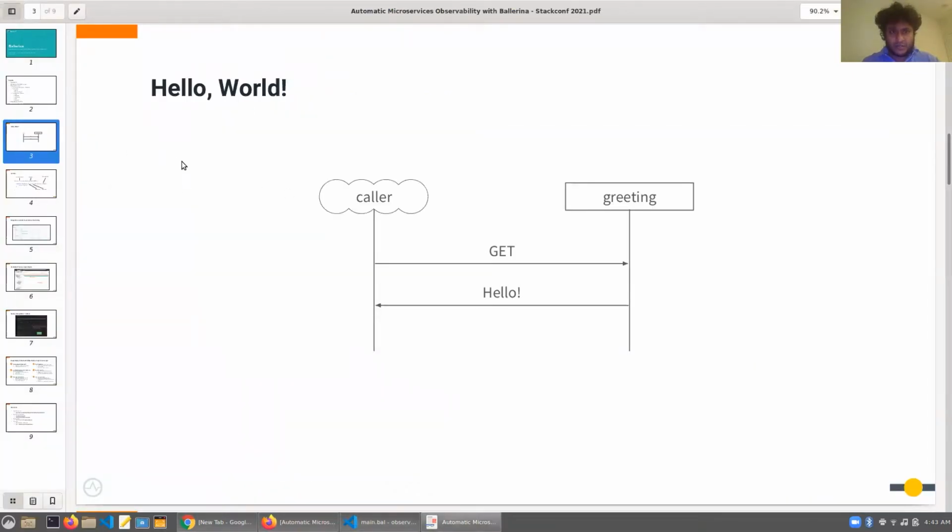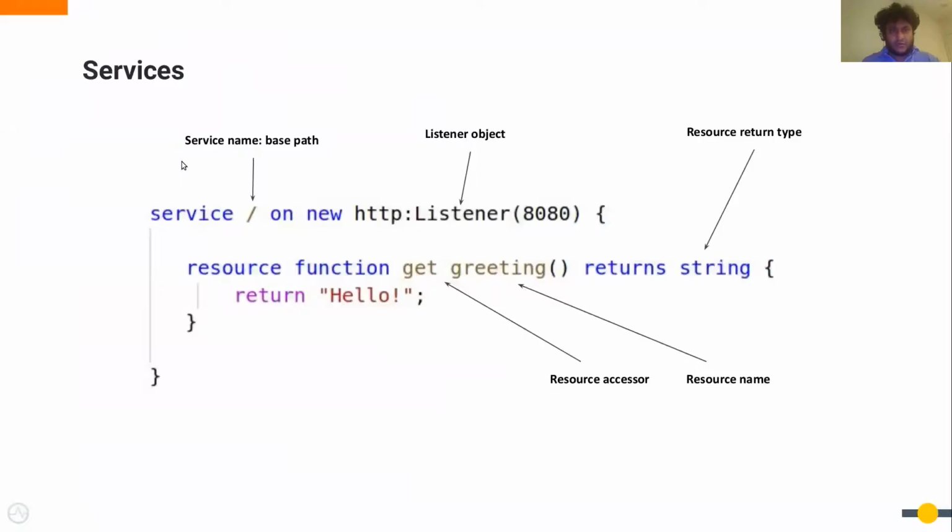Also, I'll quickly explain more on how a Ballerina service is made up. As I mentioned, in Ballerina we have a service construct, which is a first class concept in the language. The type of service depends on the listener you bind it to. Here, for example, if my service binds to an HTTP listener, it becomes an HTTP service.